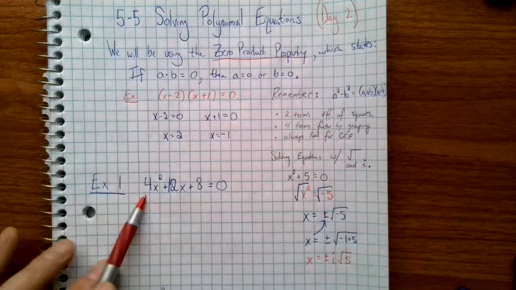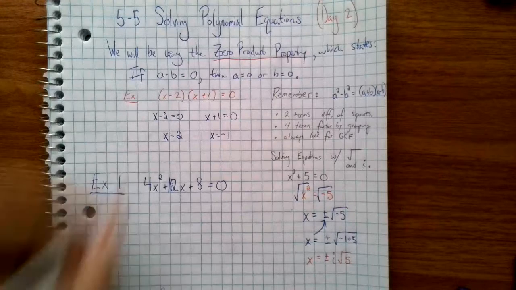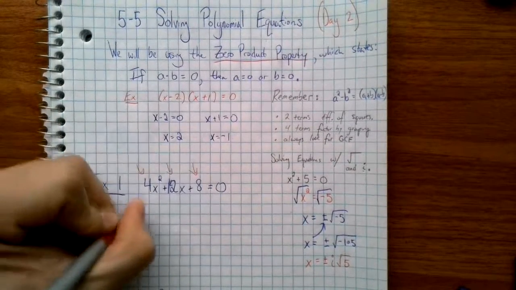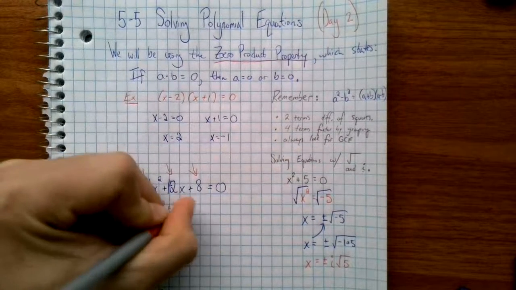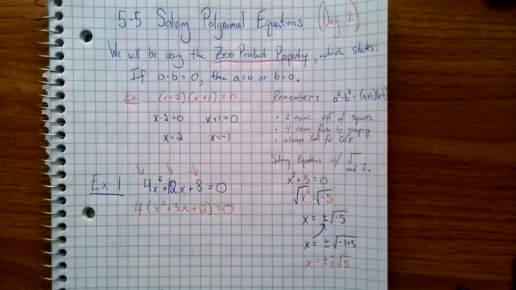We're being asked to solve this equation right here. The first thing we're looking for is a greatest common factor. We can see that all three of these numbers have a common factor of 4. And so the first thing we are going to do is factor out the 4.